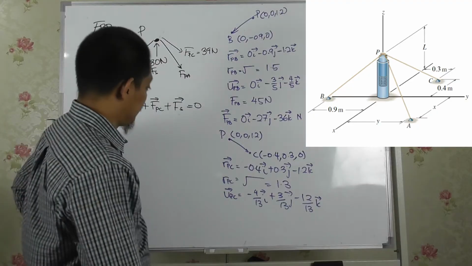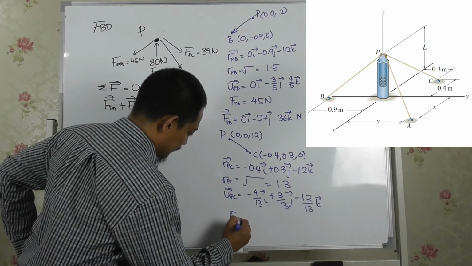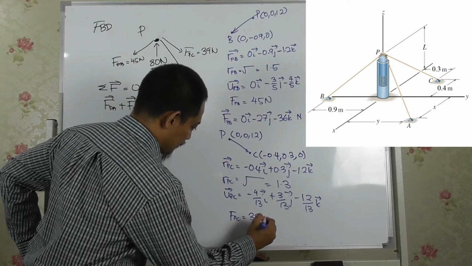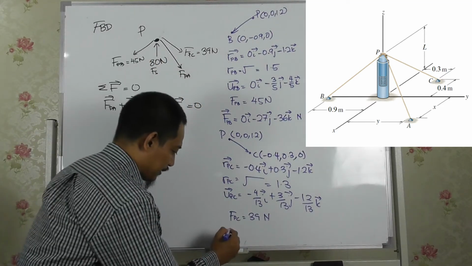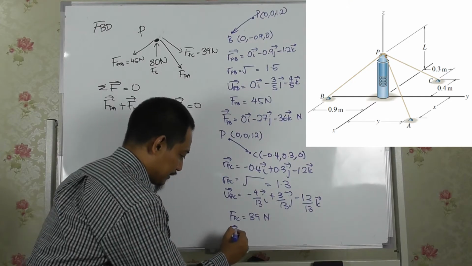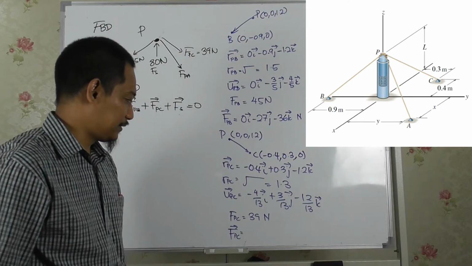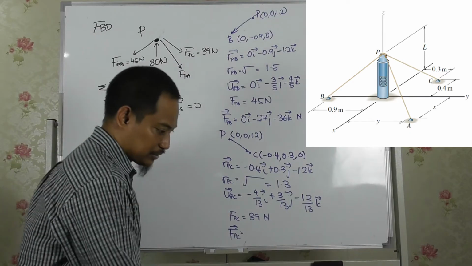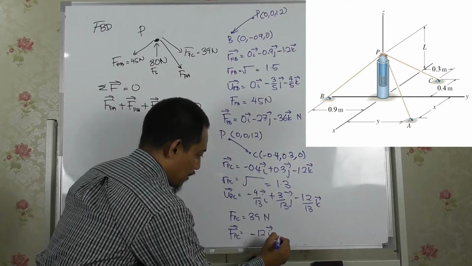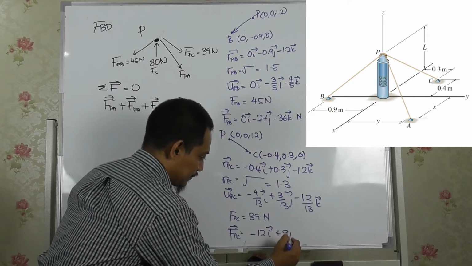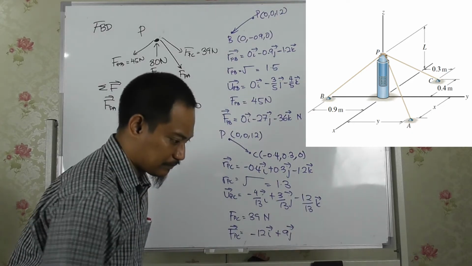Okay, so FPC is given already. The magnitude of FPC is 39 Newton. So you multiply by the unit vector. So the vector FPC, you will get minus 12i plus 9j, is it 9?